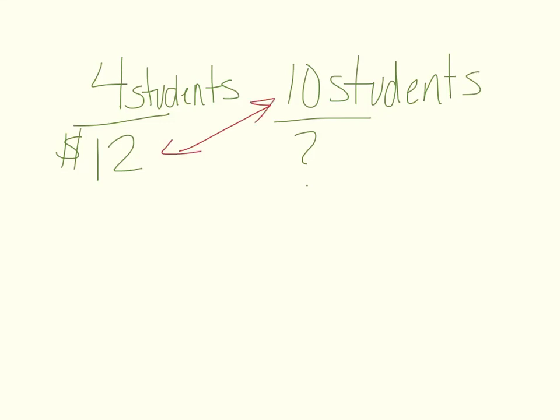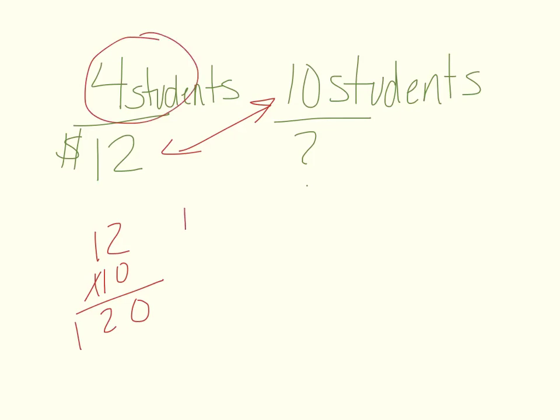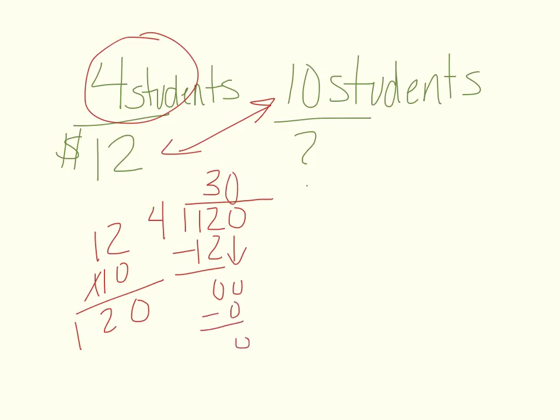Those are diagonal numbers, and we can multiply those. 120. And then what we're going to do is take the remaining number and divide by that. So 120 divided by 4 is 30. So $30 for 10 students.